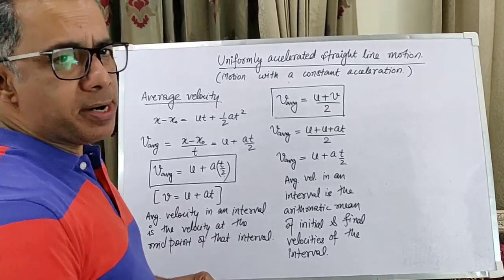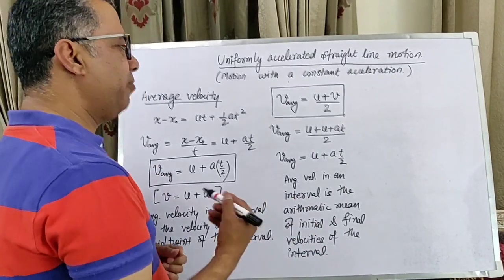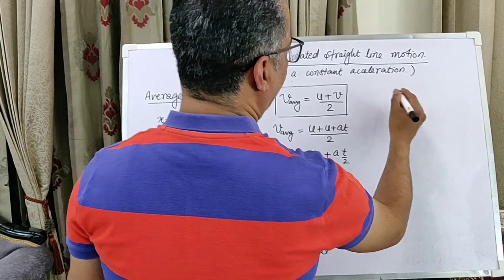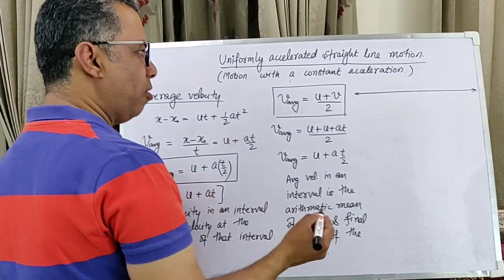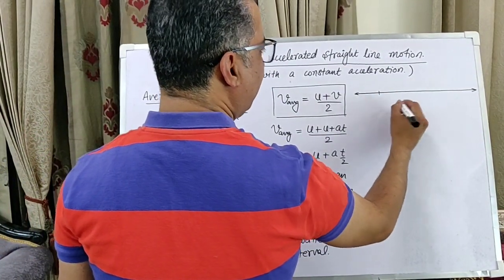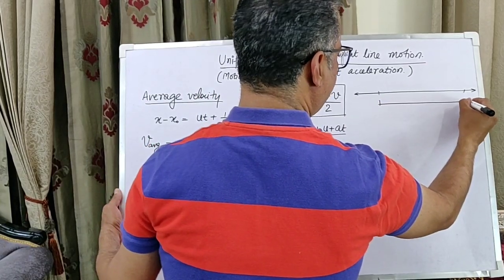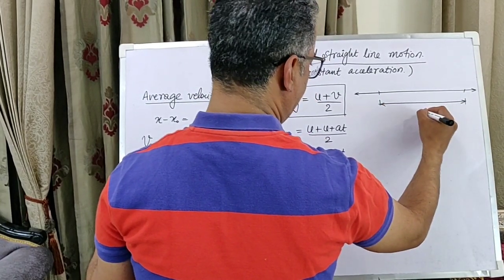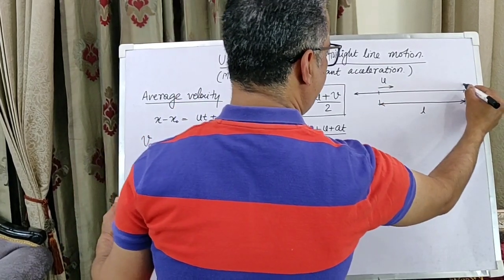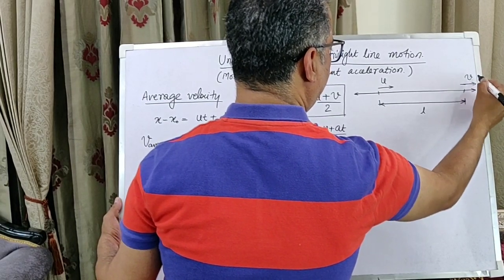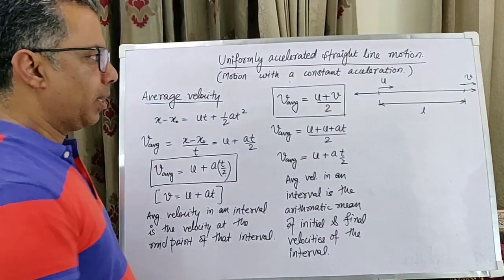Now, there's more to these sort of problem solving clues, and one of them is regarding the passage of a uniformly accelerated object through 2 points. Suppose we have 2 points here and they're distant, let's say L, and the velocity here is u and the velocity here is v, and the motion is uniformly accelerated.